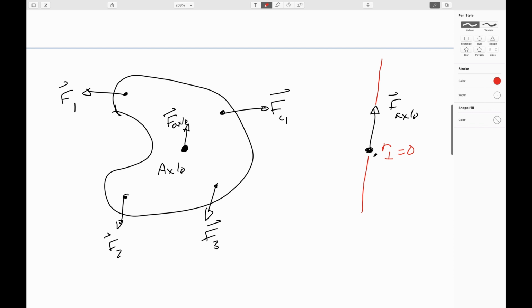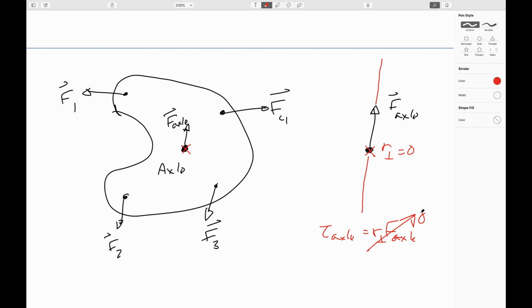So the shortest possible distance between the axis and the line of action is, well, 0. So we can write that our perpendicular is 0. So then the torque due to the axle itself on the object is also 0. It's kind of a handy result to keep in your back pocket. So what we realize is that the axle itself doesn't attempt to cause things to twist.